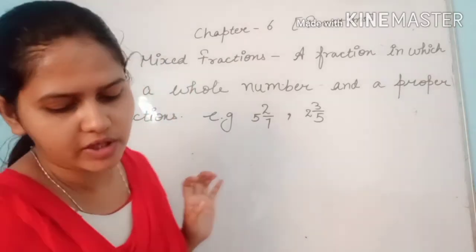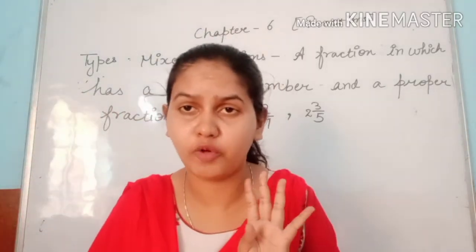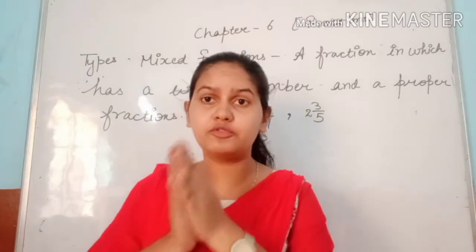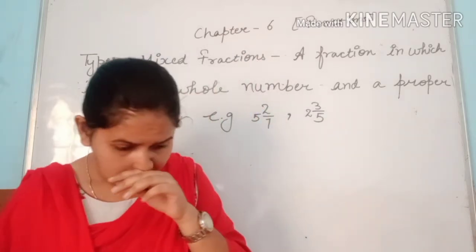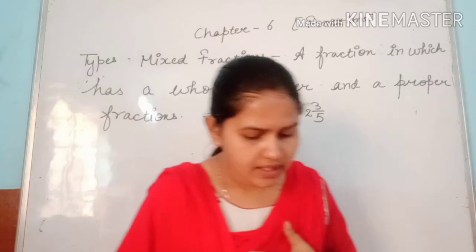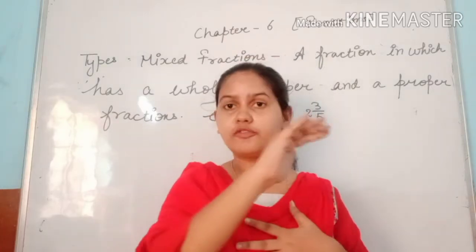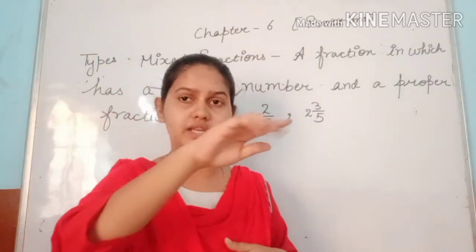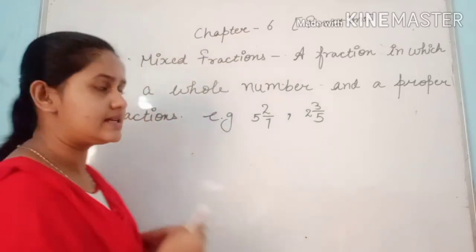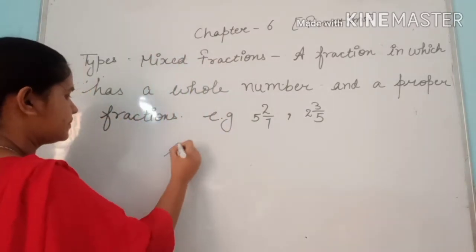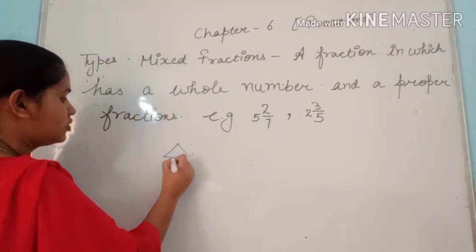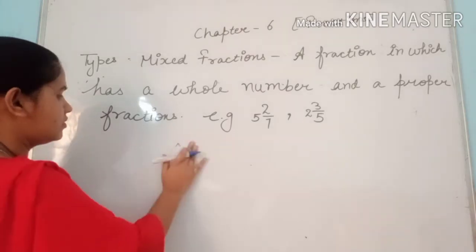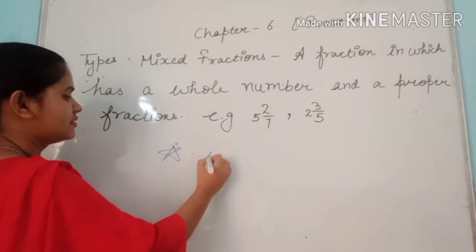So let's do the other one. You have to divide each collection of 4 into 4 equal parts. Now we have to divide it in 4 equal parts. So you can see there are 4 stars in sequence. If there are stars like this, I don't know how to make a star, I will do it like this.